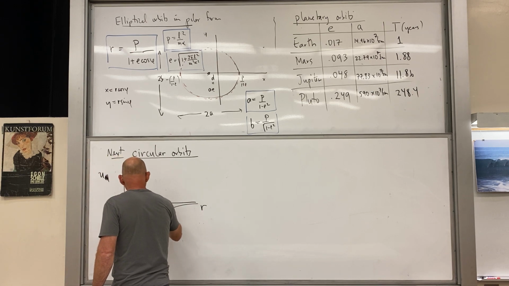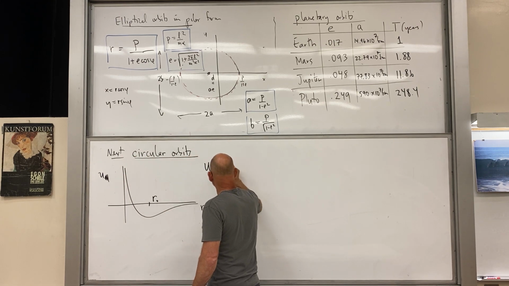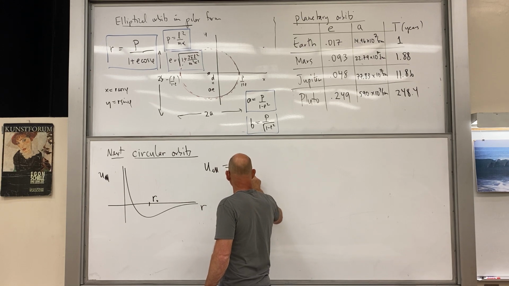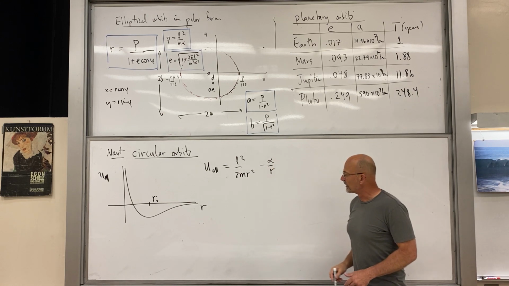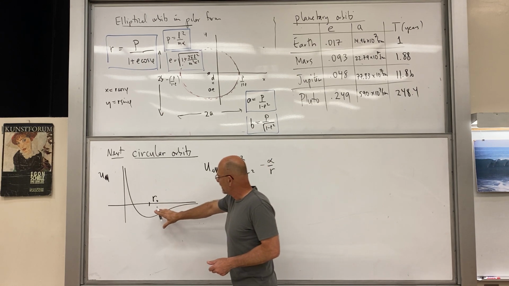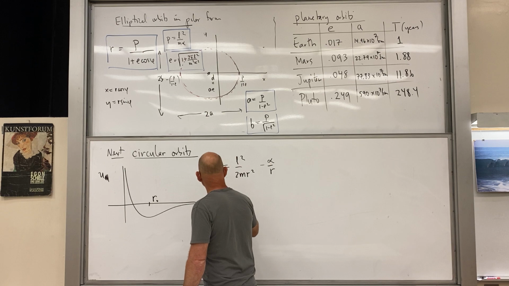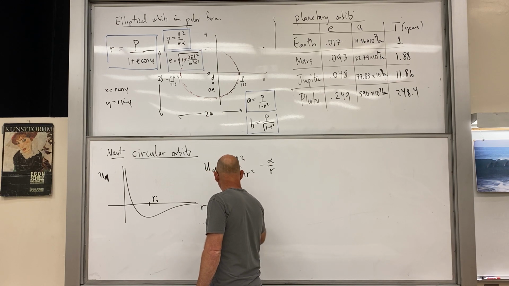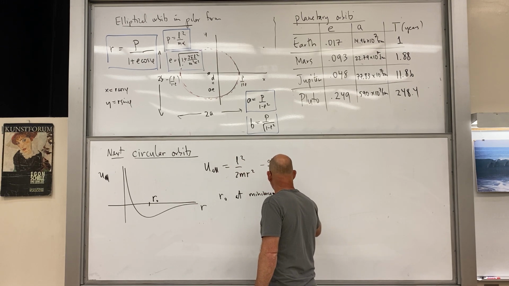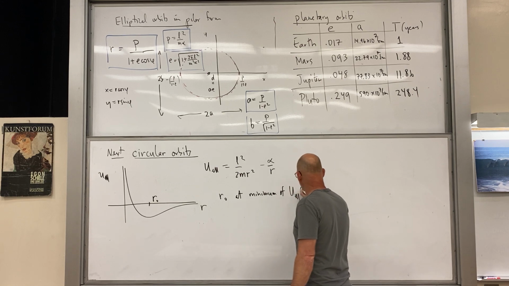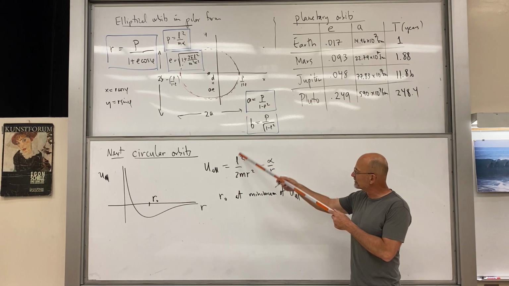We have U effective equals L squared over 2mr squared minus alpha over r. So how did we characterize a circular orbit? It's at the minimum of the effective potential. So r0 at the minimum of U effective. What we do is take a derivative here and locate the minimum analytically.